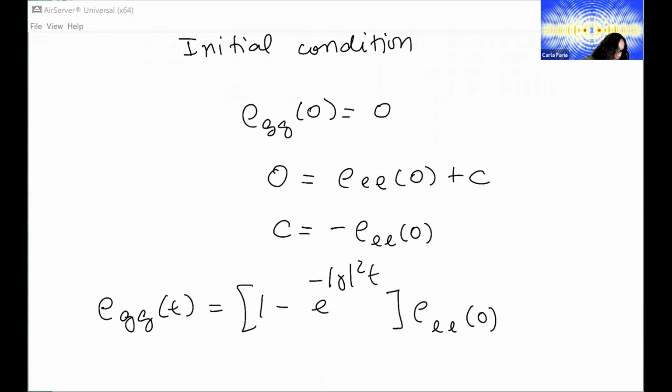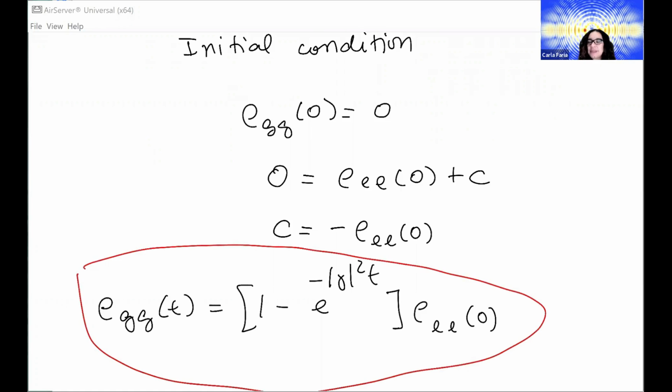This is nice because we now have the expressions for all these coefficients and we have the state of the system. Then we can see how they are behaving.